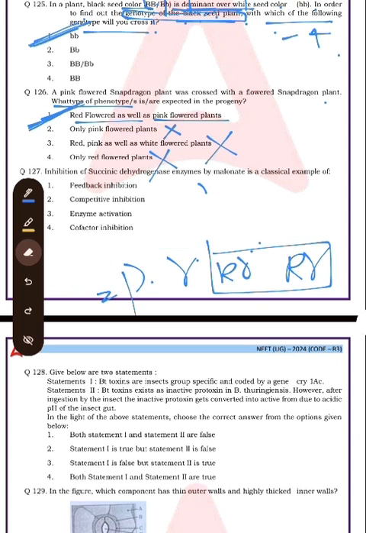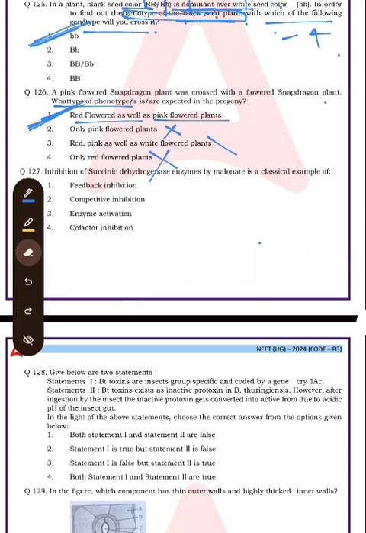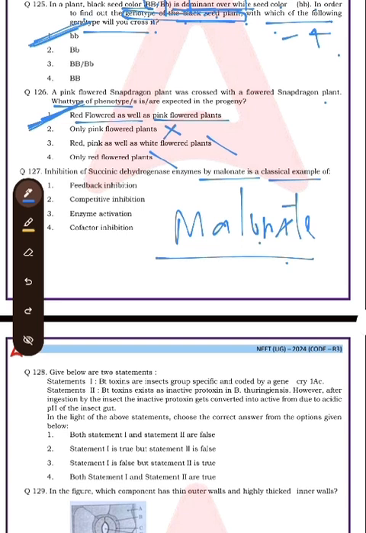Okay. Next, inhibition of succinic dehydrogenase enzyme by malonate is a classical example of. So malonate shows close structural similarity with the substrate and also competes with the substrate for the substrate binding site of the enzyme.